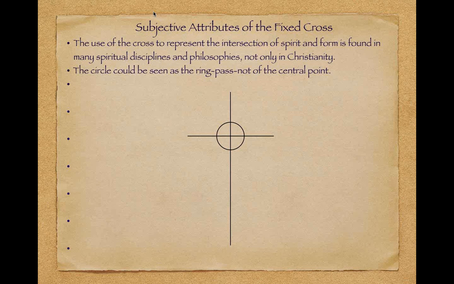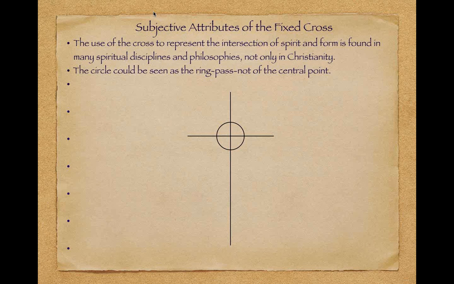This takes us to one of the most profound meanings represented here, which is that point of crossing, which orients both the circle and the cross, and represents something that is really beyond either.